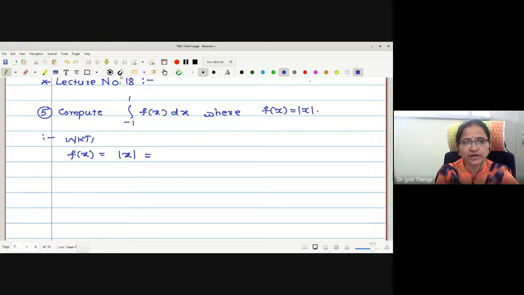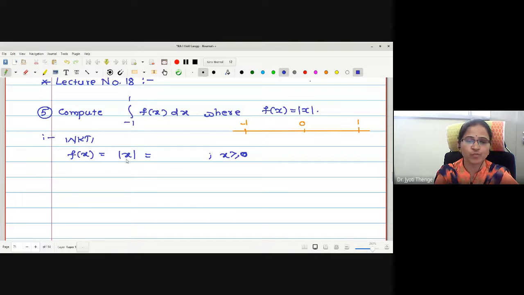If I consider the interval, it consists of both positive and negative values. Therefore, one has to take care with both. The interval is from minus 1 to plus 1, and in between somewhere we will have 0. From minus 1 to 0, the behavior of the function is different from that of 0 to 1. What is the behavior of the function if x is non-negative, that is, from 0 onwards?